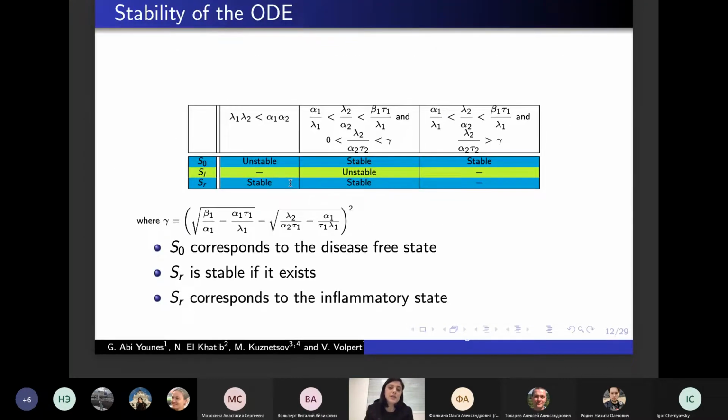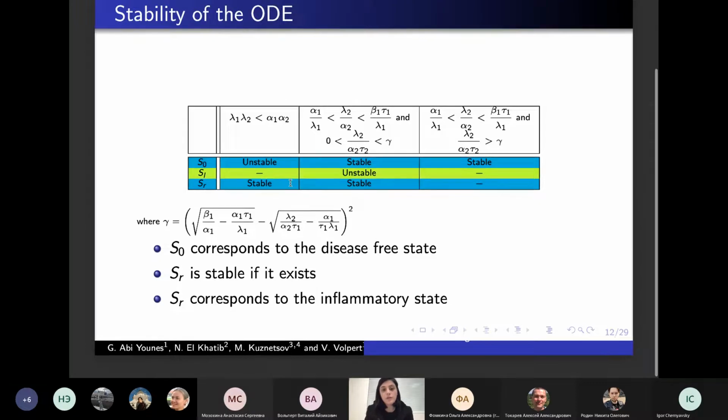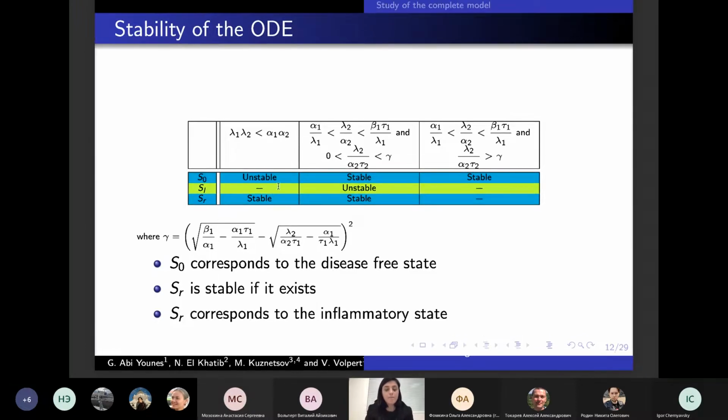The stability of the ODE of the reduced model gives the following. Here we have the following fixed points that exist. Here we show their existence and stability according to the values of the parameters. Clearly, we can see that we may reach the monostable cases or the bistable case.